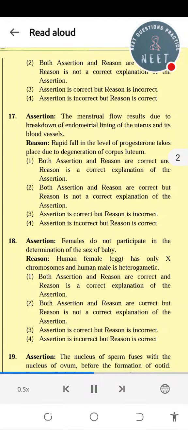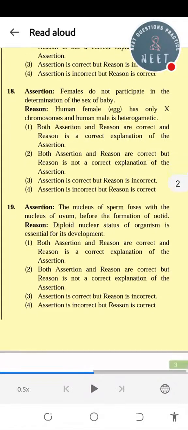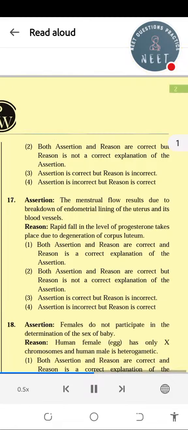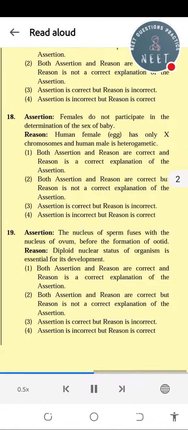Assertion is incorrect, but reason is correct. 19. Assertion: The nucleus of sperm fuses with the nucleus of ovum before the formation of zygote. Reason: Diploid nuclear status of organism is essential for its development.